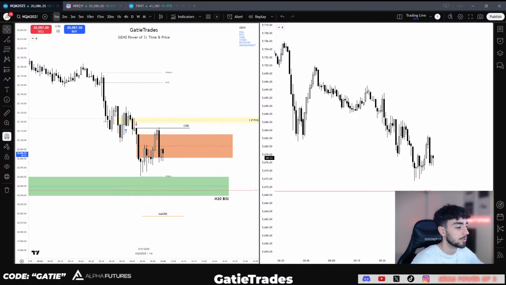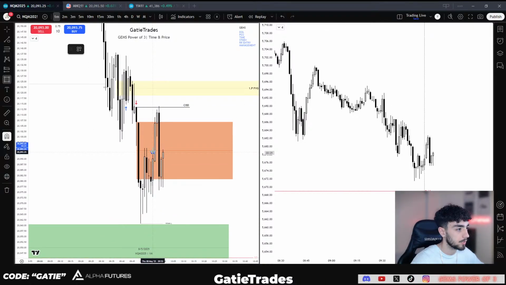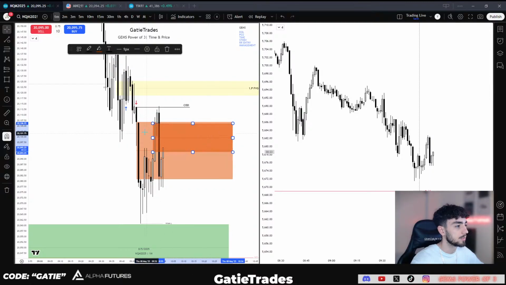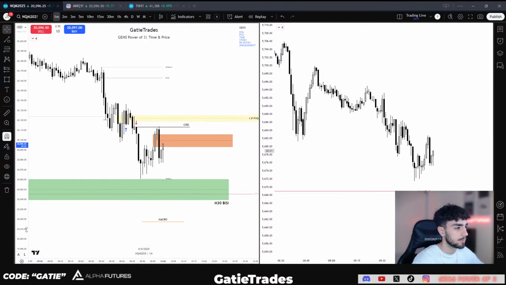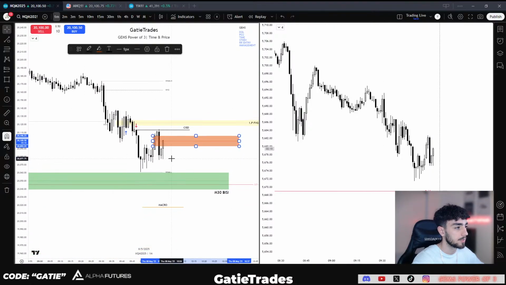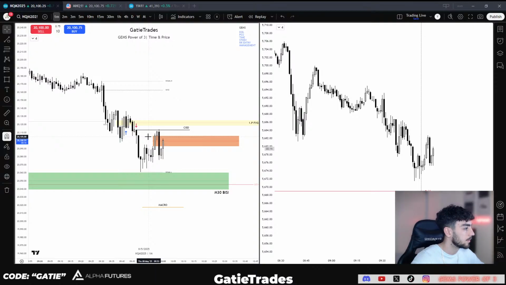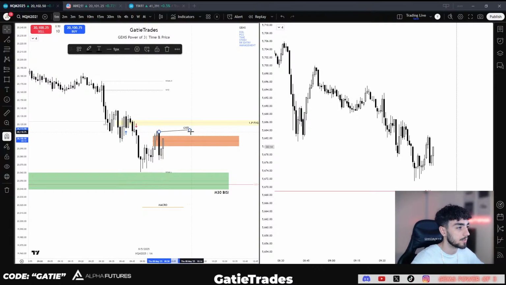See if we get signs of bullish order flow. That would be reclaiming this as a bullish fair value gap. You could even view this as a CISD.